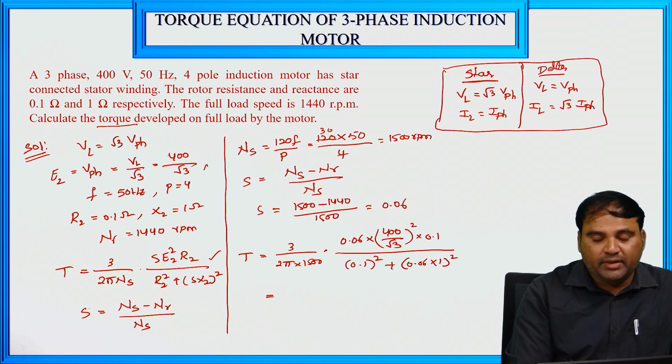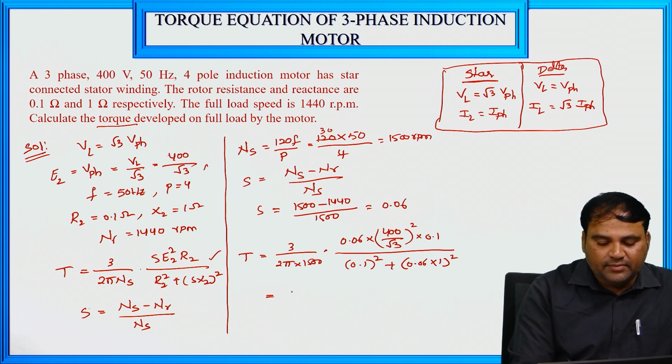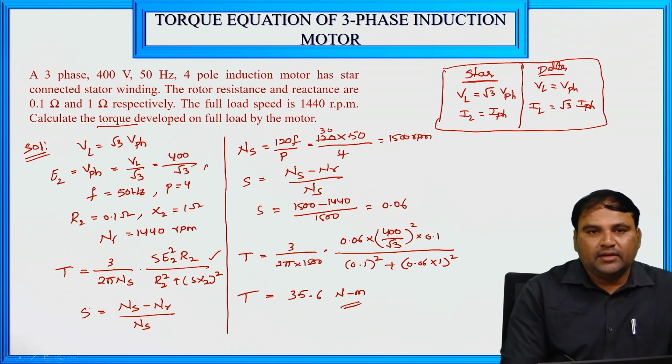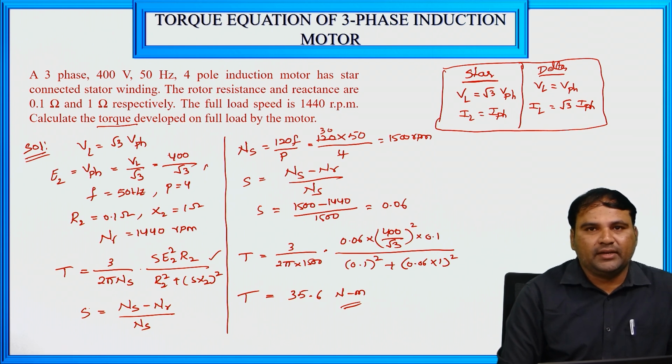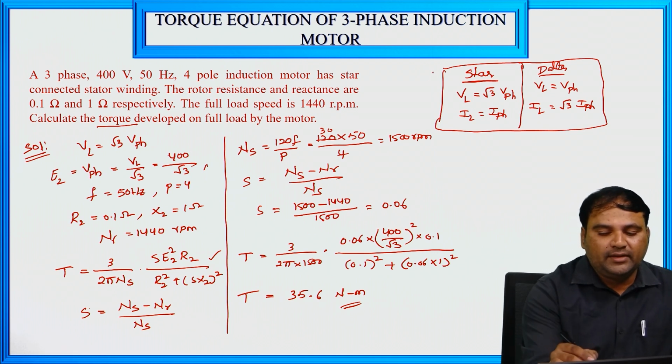By solving this equation we get some 35.6 Newton meter as the torque of the 3-phase induction motor.